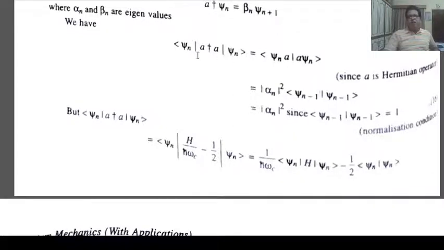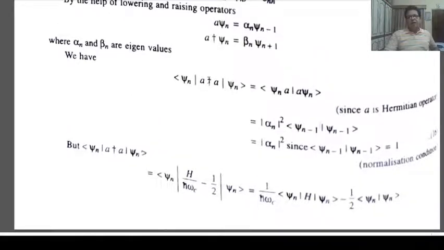Now using the bracket notation, we just take A dagger A. We know that bra psi n A dagger A ket psi n equals bra psi n A dagger and A ket psi n.